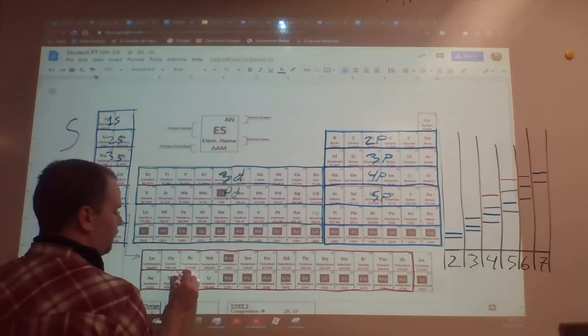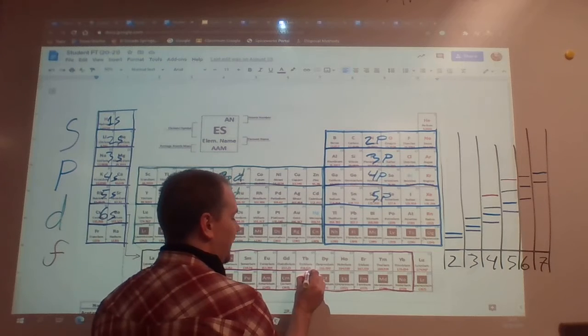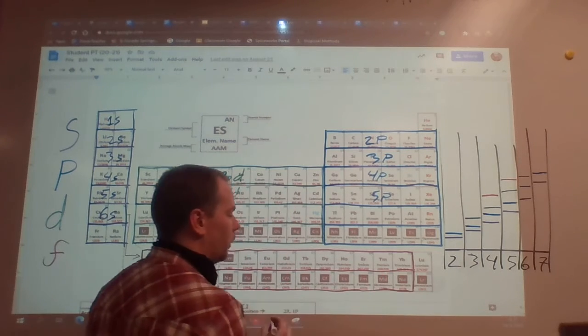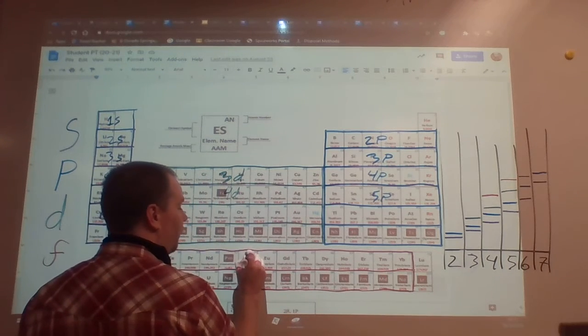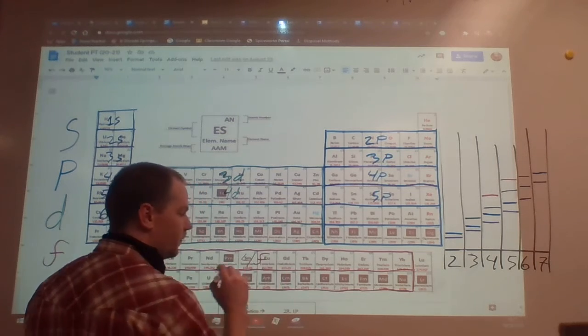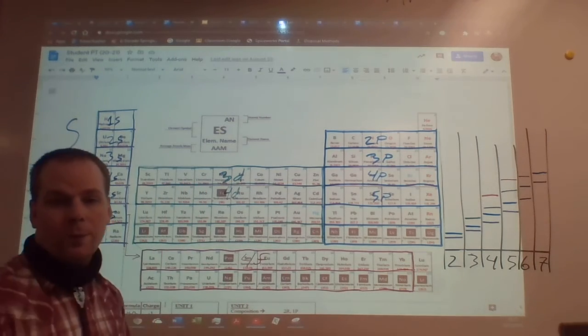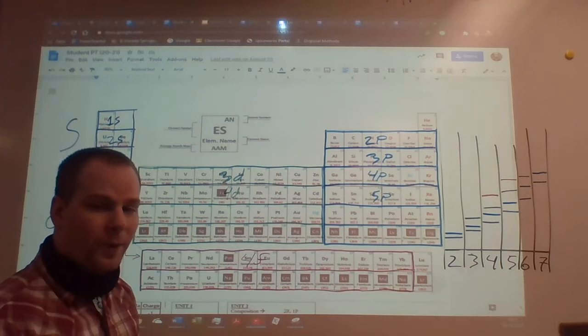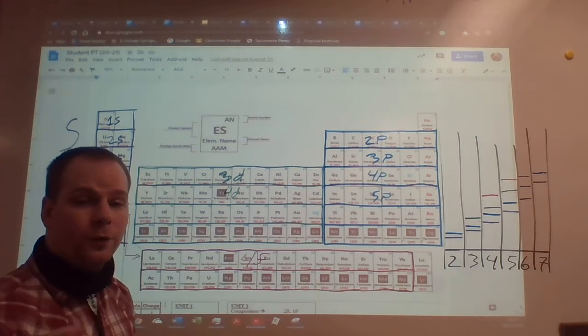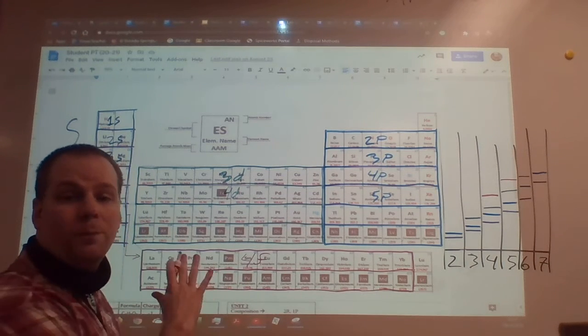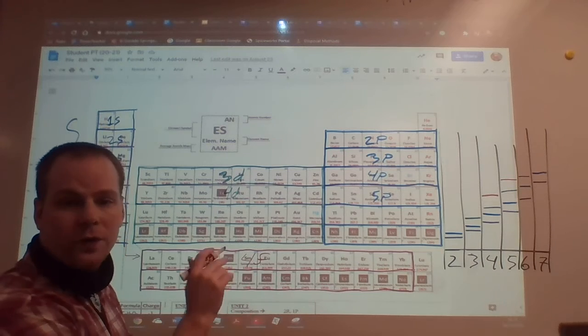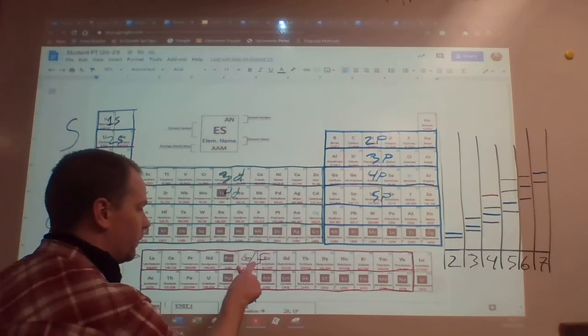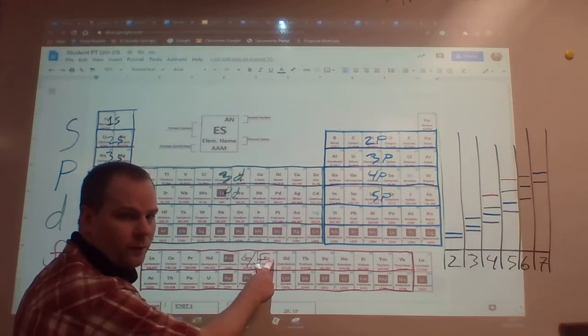So this top row, the lanthanides, are all the 4F subshell. Again, you have to remember, F starts on energy level 4. Even though it's in period 6, it starts on energy level 4. So this is 4F, not 6F.